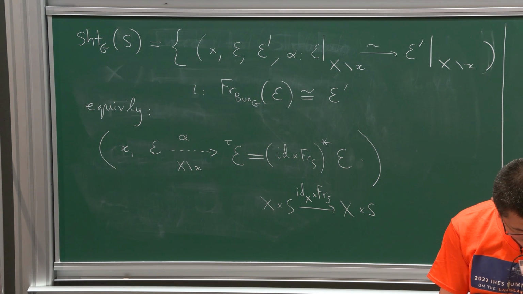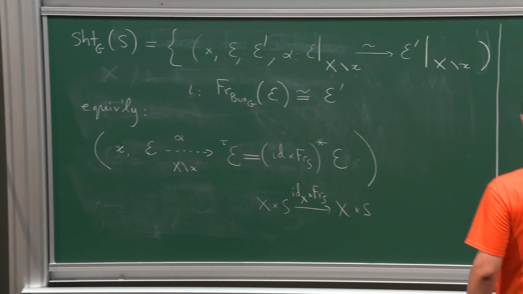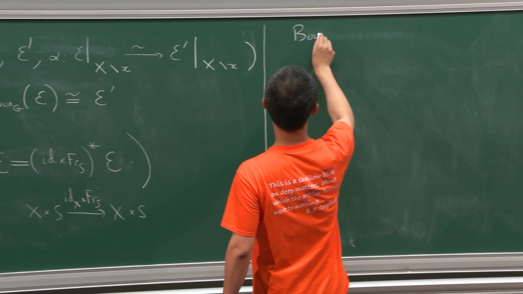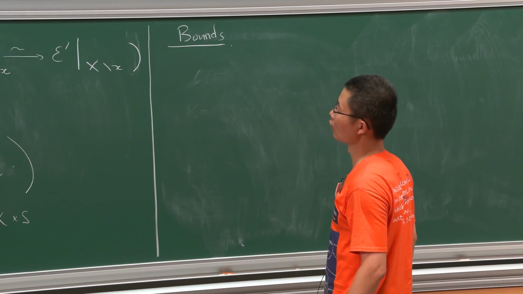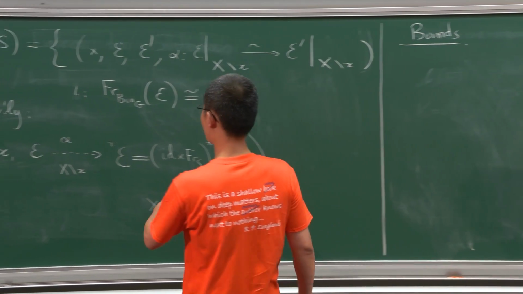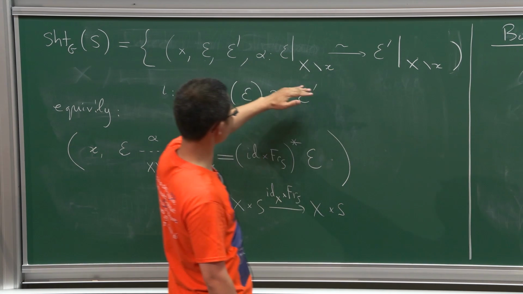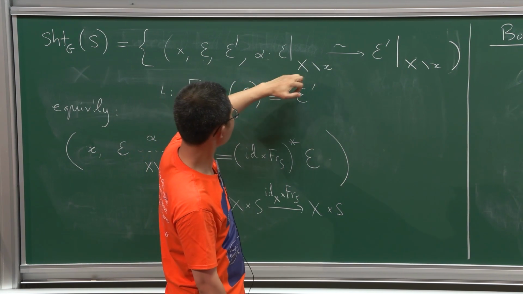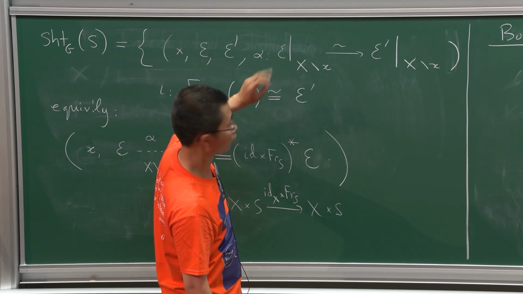So next, let me introduce bounds. So the bounds are some constraints on this isomorphism. Okay, so we want to say what order of poles alpha is allowed to have.